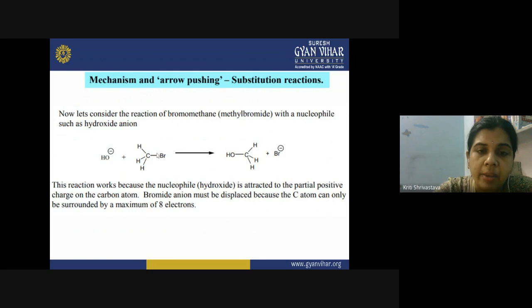So this covalent bond is not a non-polar covalent bond, it is a polar covalent bond, because due to its high electronegativity, bromine will draw the electron pair toward itself. As a result, there will not be exactly a positive charge like the ions have in an ionic compound, but yes, there is a polarity in the bond, and the electron pair is shifted more towards the bromine.